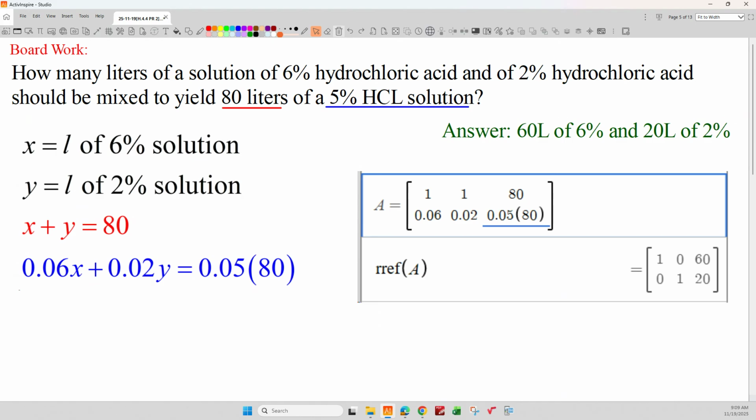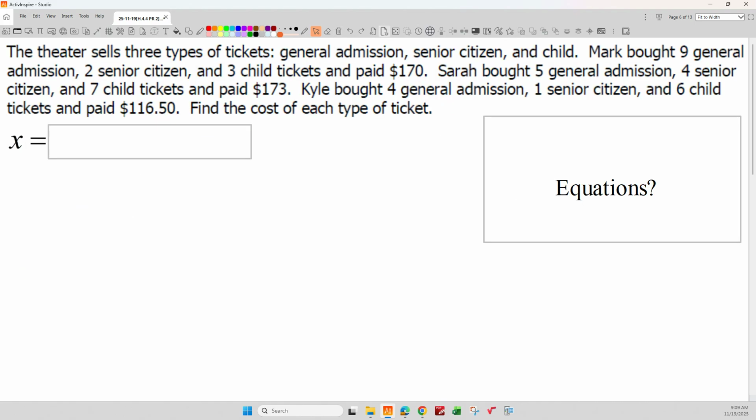Okay, good. All right. How about one like that? Take a look at that one. See if you can wrap your brain around that one and tell me what to do. So I'll read it in case you're in the back and you're having a hard time reading all that. The theater sells 3 types of tickets: general admission, senior tickets, and child tickets.